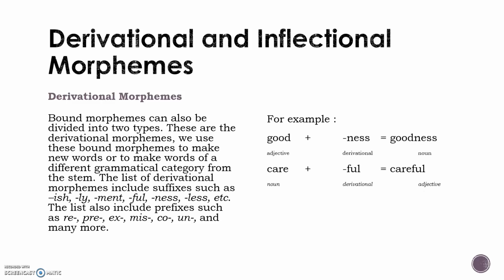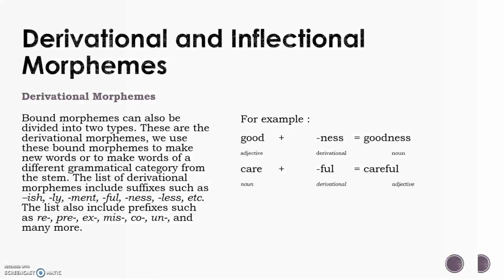For example, the adjective good can be changed into the noun goodness by adding a derivational morpheme, and the noun care can be changed into an adjective by adding the derivational morpheme -ful, becoming careful.